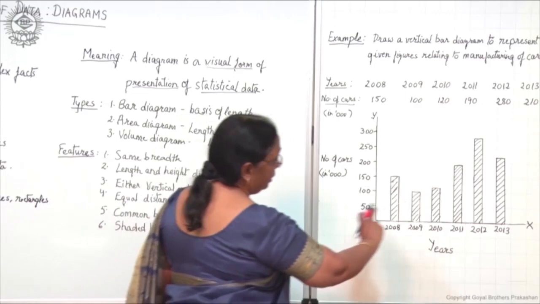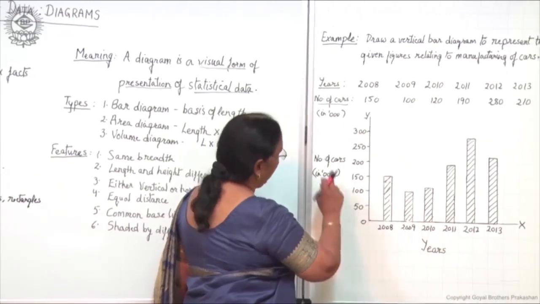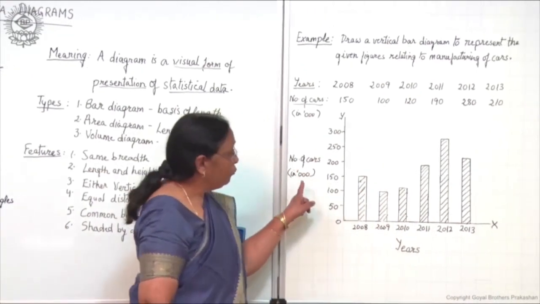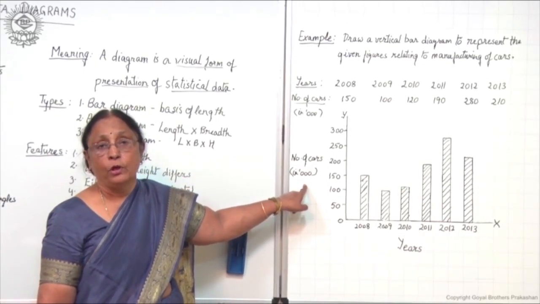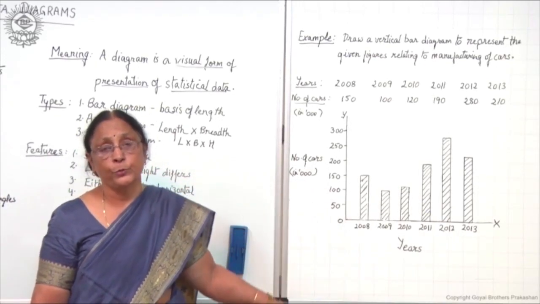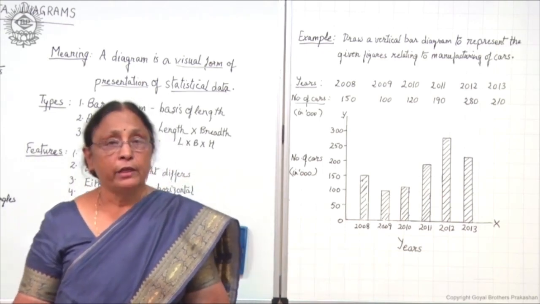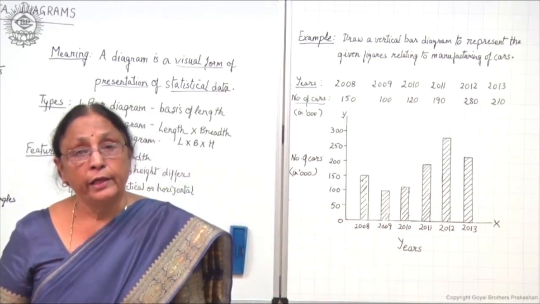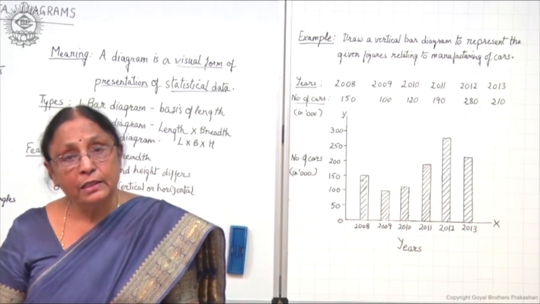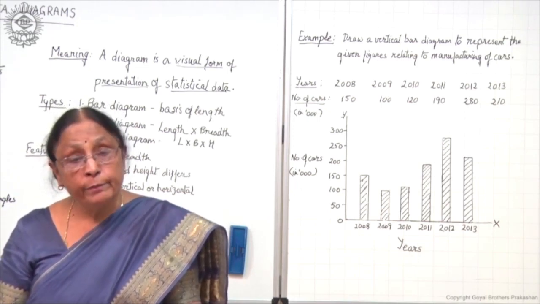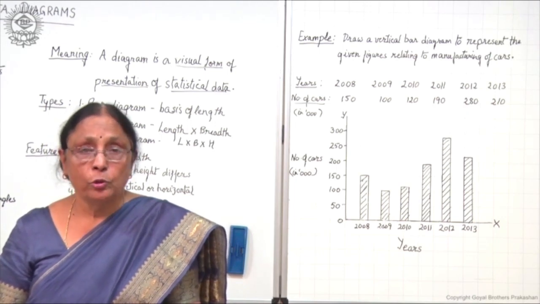after dividing the axis in equal parts, another thing, don't forget to label the axis, because if you do not label the axis properly, then your diagram has no meaning. And in the exam also, when you draw the diagram, if you do not label the axis, you do not name the axis, you will get 0.